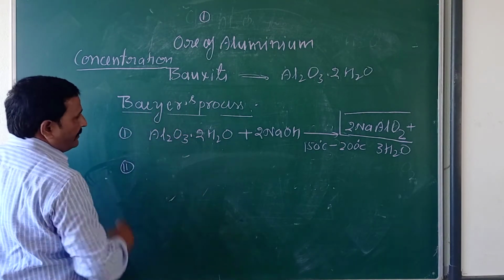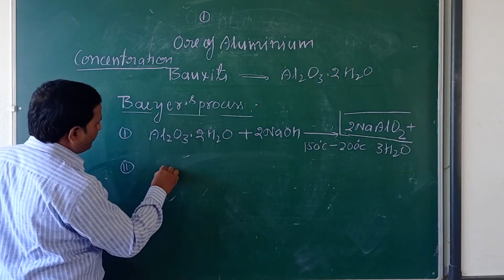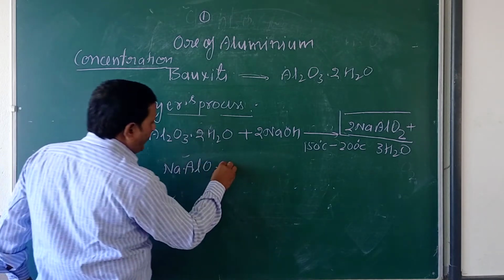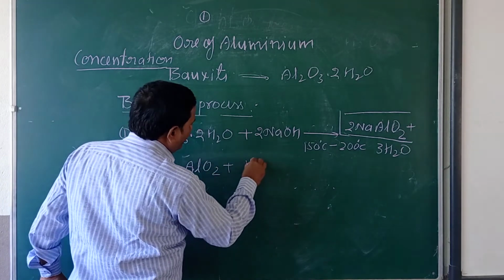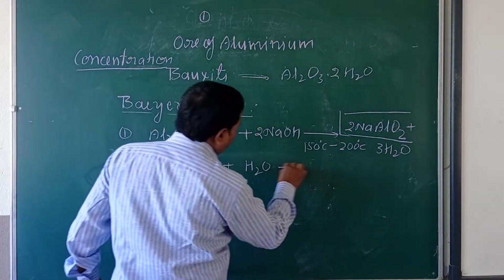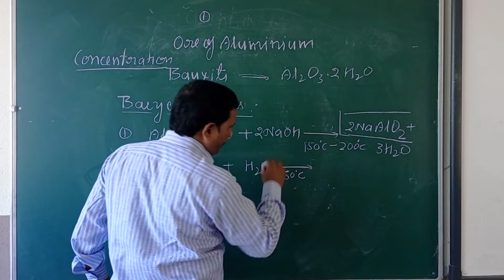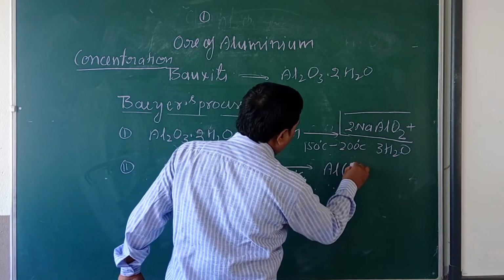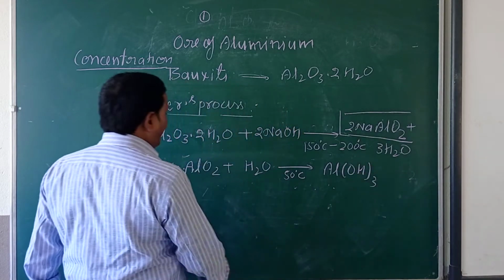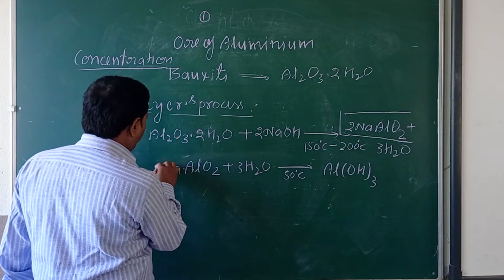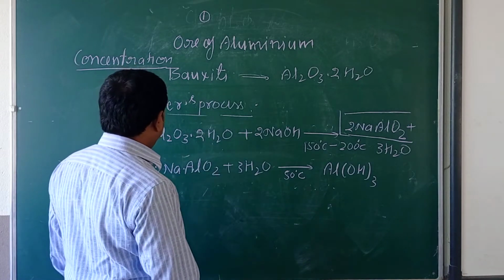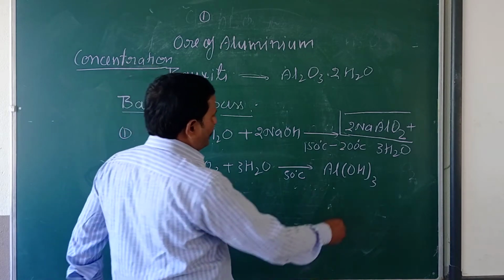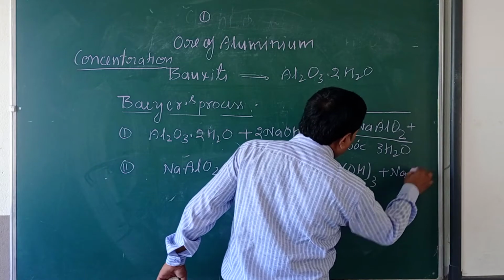The second step is that sodium aluminate, along with steam, at a temperature of about 50 degrees Celsius, forms aluminium hydroxide and sodium hydroxide.